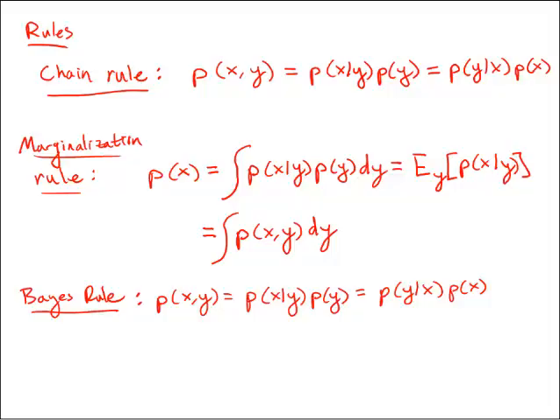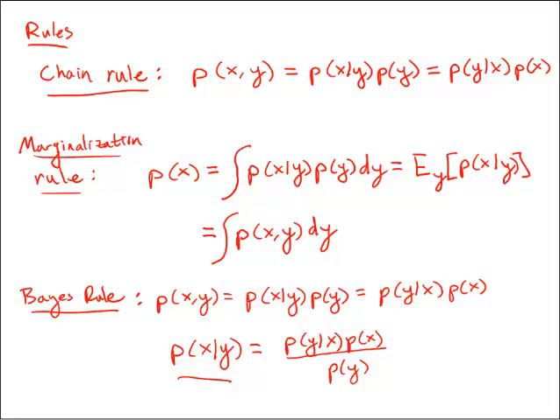This gives us p of x given y is equal to p of y given x times p of x all over p of y. This is very important because it tells us how to write one conditional distribution in terms of the other conditional distribution as well as the marginal distributions.